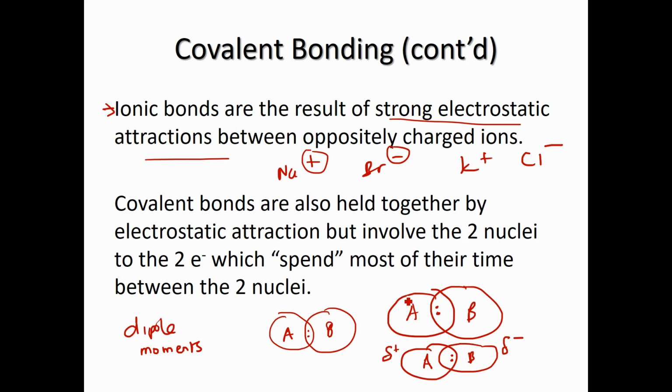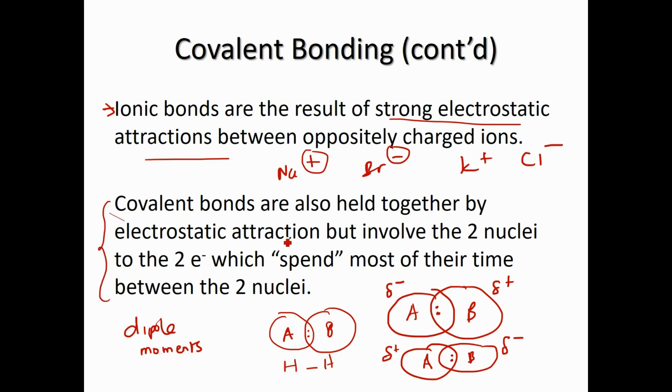In this situation right here, A will be partially negative, B will be partially positive, because electrons are very close to A. Here neither. For example, in hydrogen, where the elements are evenly sharing the electrons, none of them will have partial negative or partial positive. Okay, so that's what this statement is saying.